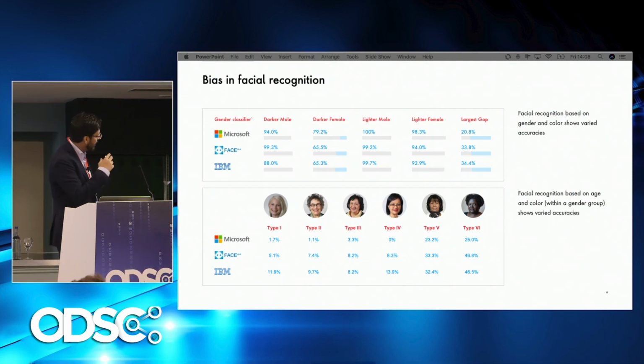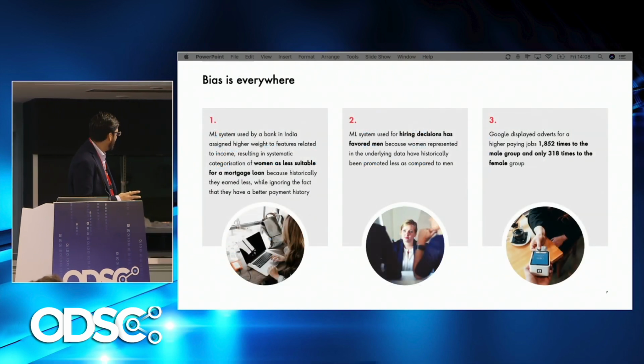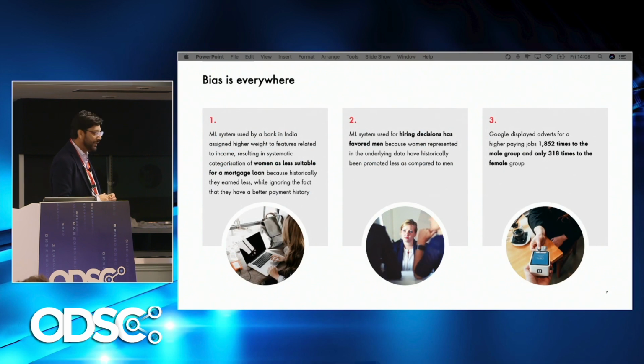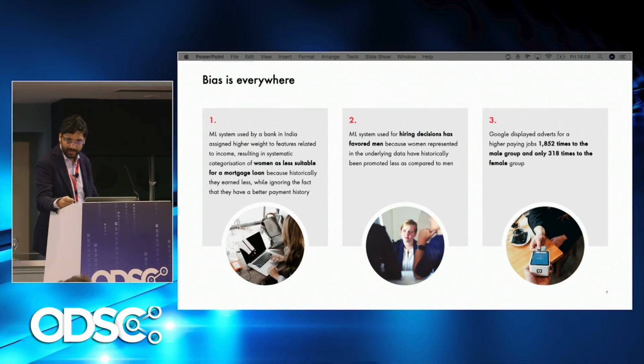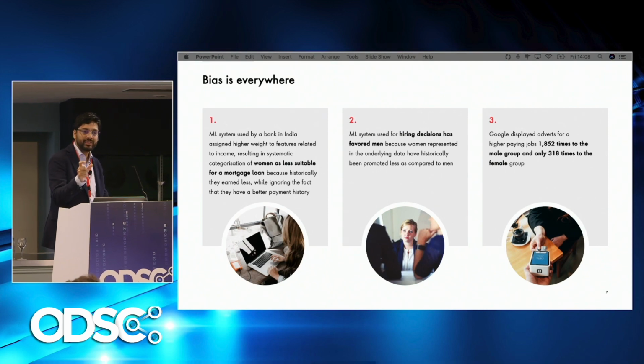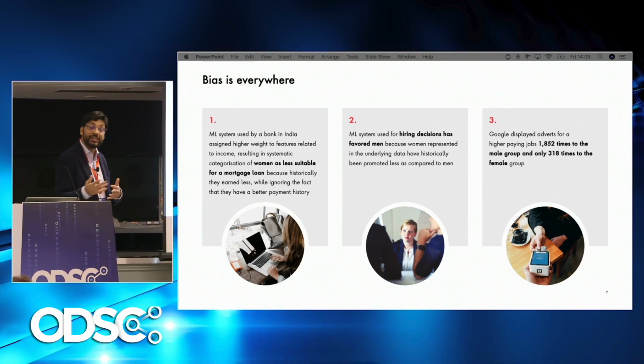So we are talking about images. Moving from images, we'll talk about something very interesting. Number one: in India there was a company which used to decline loans to women because it gave more weightage to, say, the salaries they got or the promotions they got, and historically we know that there is a wage gap.